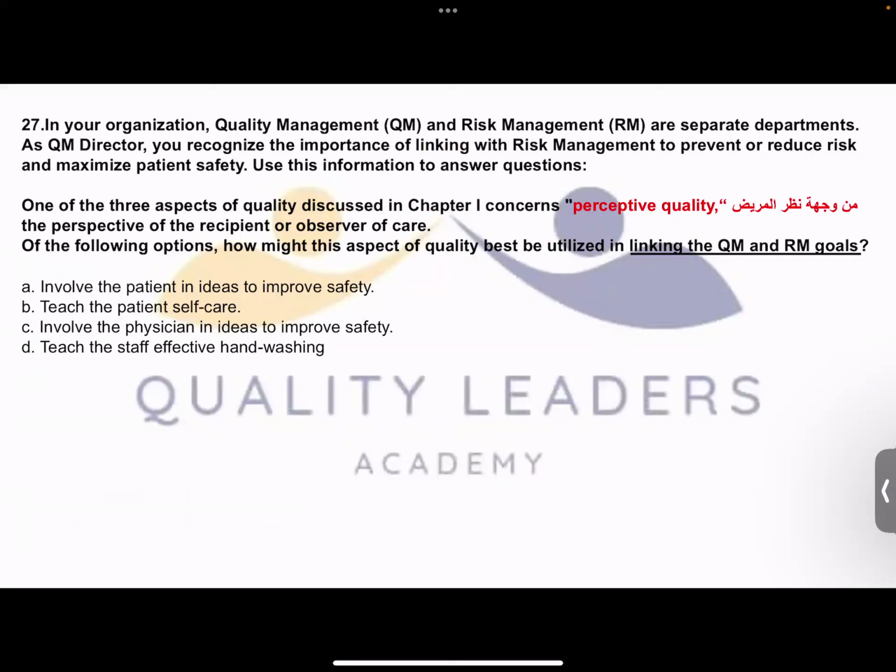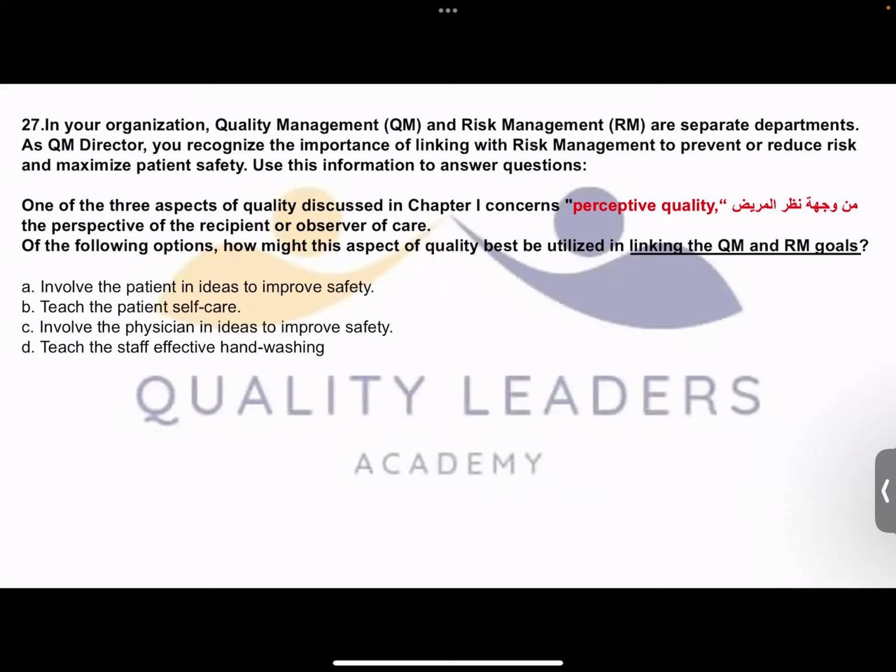27. In your organization, quality management and risk management are separate departments. As quality management director, you recognize the importance of linking with risk management to prevent or reduce risk and maximize patient safety.